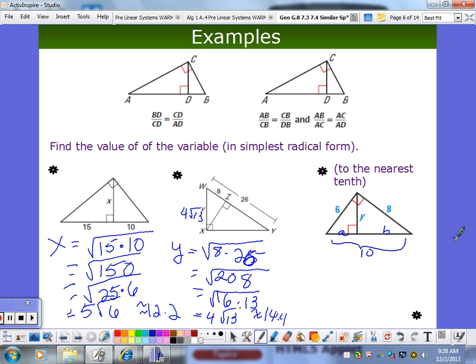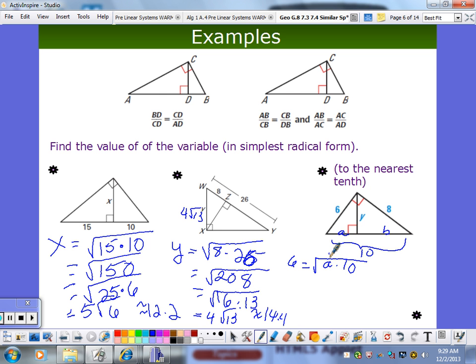Get a little closer. Can I find A? The answer is yes. How can I find A? Well, 6 is the geometric mean of A times 10, right? The leg is the geometric mean of the piece adjacent to it times the whole thing. So how do I get A out of that?